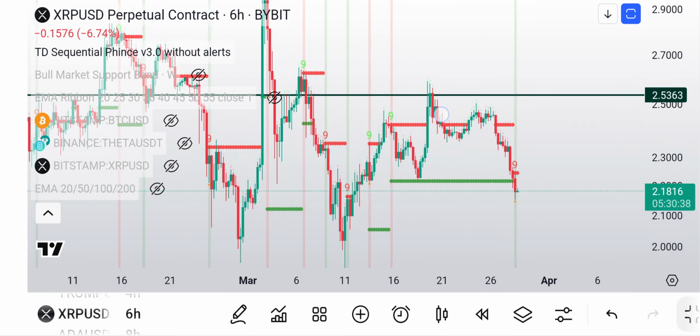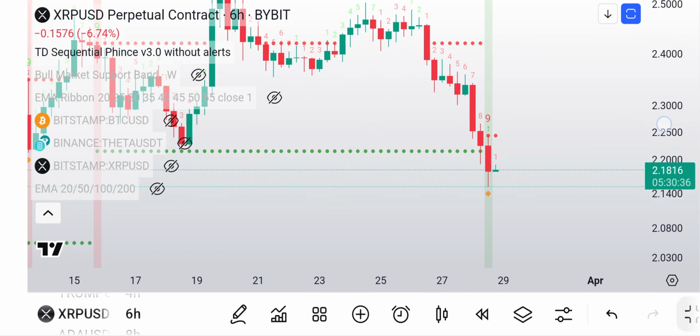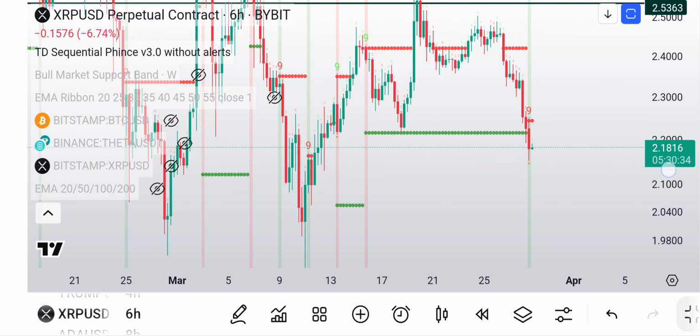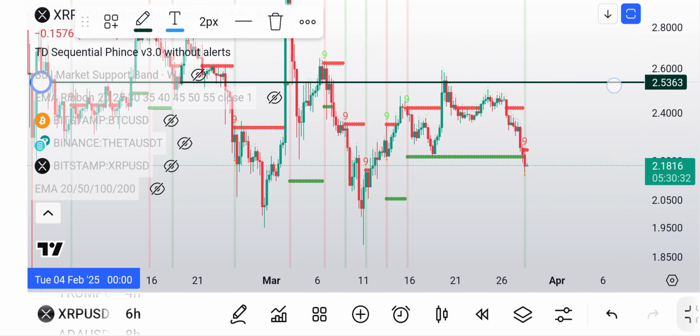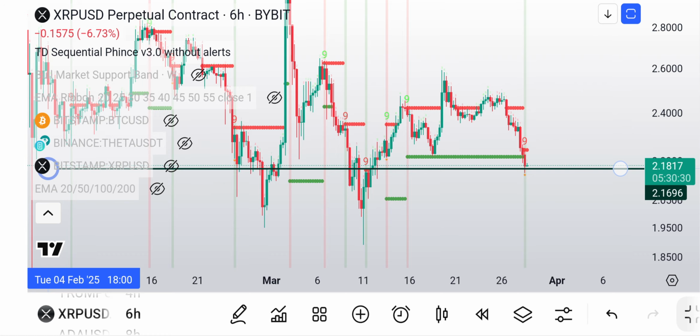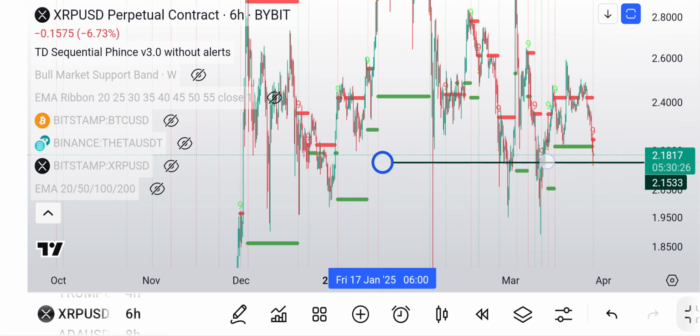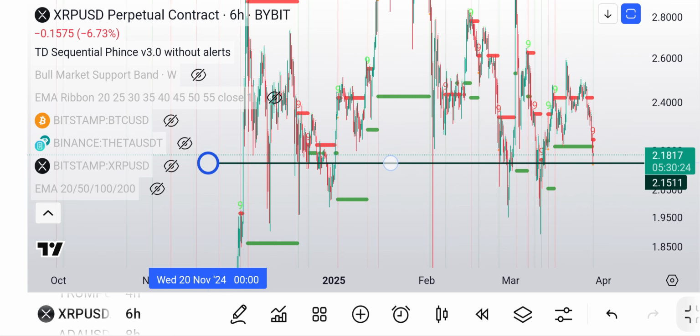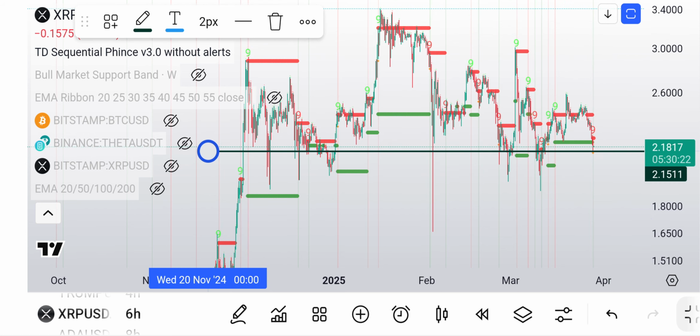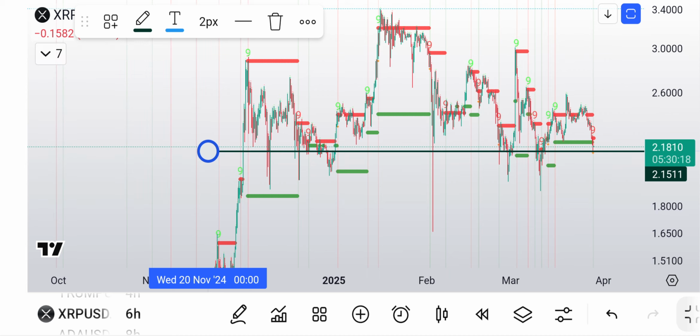Or if it's just a 3-way pullback, then it would be nice to see it hold here, because we're right on this support line, and it goes back pretty far, because it's all about filling in the volume profile at these new price levels.